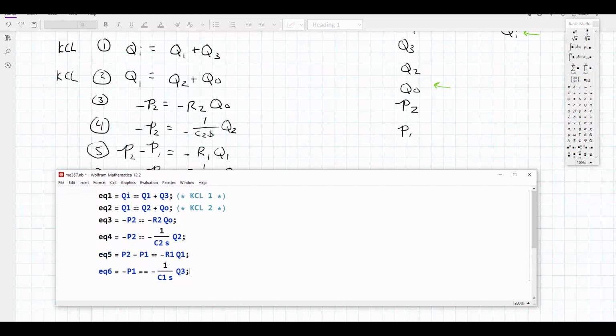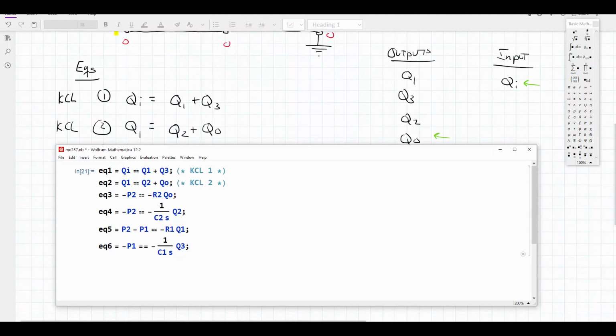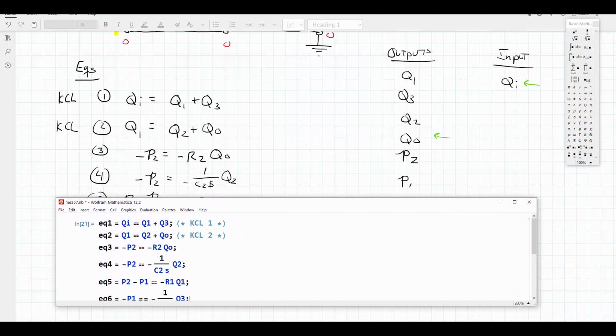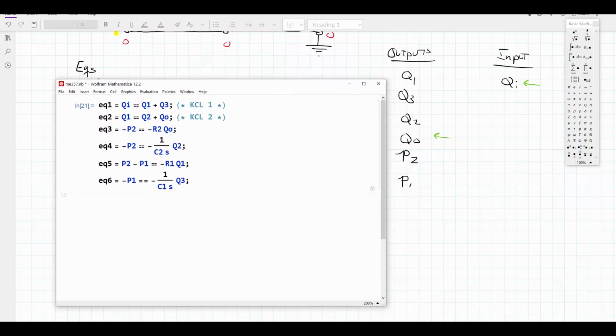All right, so just double checking our equations, and everything seems to look okay. So I'll run this, I'll define my equations. And now I'm going to be ready to solve, and I want to take a look at what my 6 outputs are here, make sure that those are going to be included when I do my solve. So I'll just make sure I can see those at the same time in my solve step.